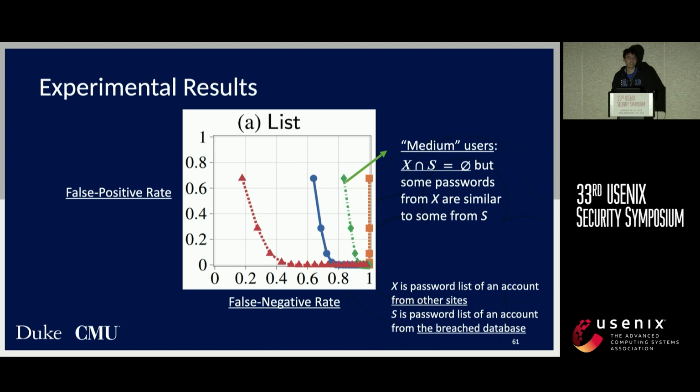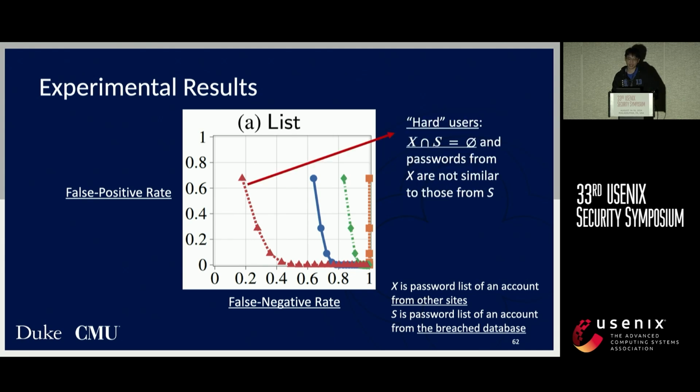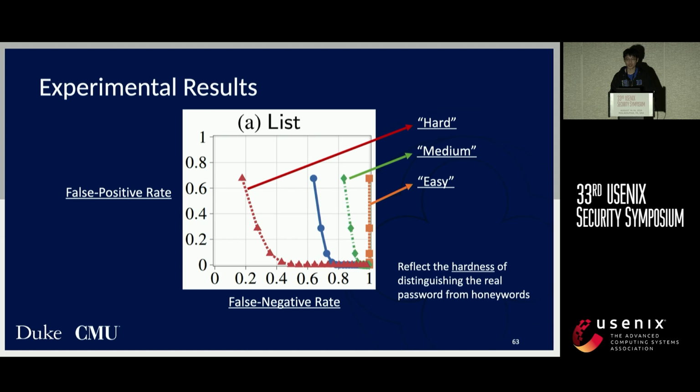The green one is for medium users, whose password list from other sites and those from the breach database do not intersect but have some similarity. And the red one is for hard users, whose password list from other sites and password list from the breach database do not intersect and do not have any similarity. In a word, easy, medium, hard reflect how hard it is for the false negative attacker to distinguish the user password from Honeywords.